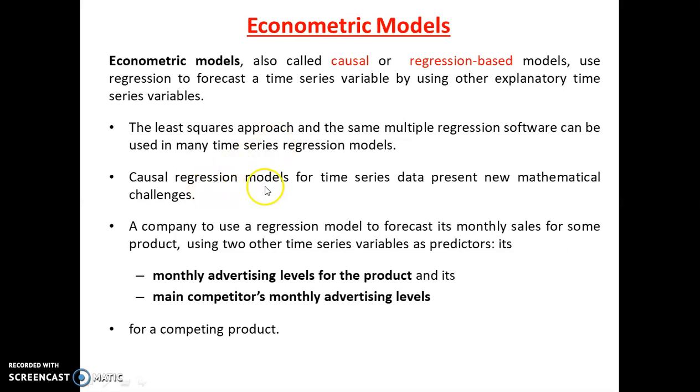Causal regression models for time series data present new mathematical challenges. By using an econometric model, they try to have a mathematical model with respect to time series data. A company may use a regression model to forecast its monthly sales for some product using two other time series variables as predictors.